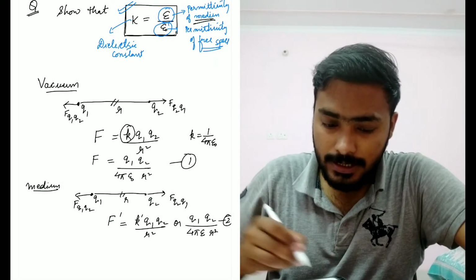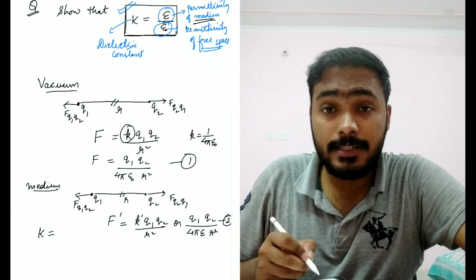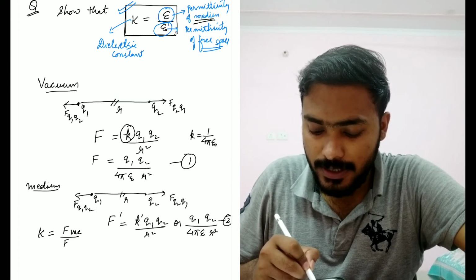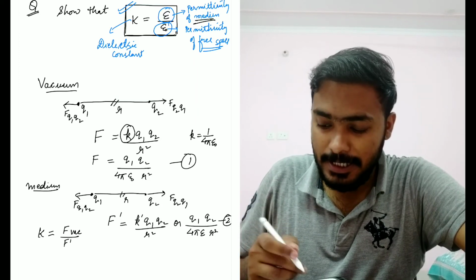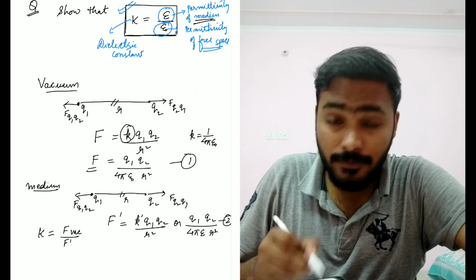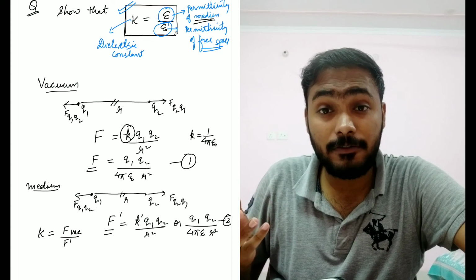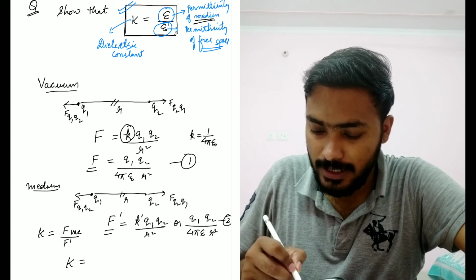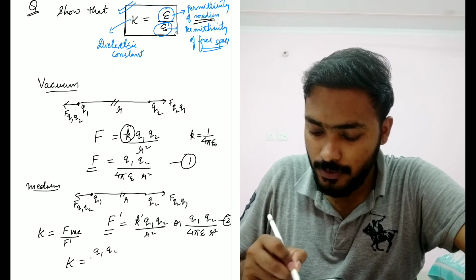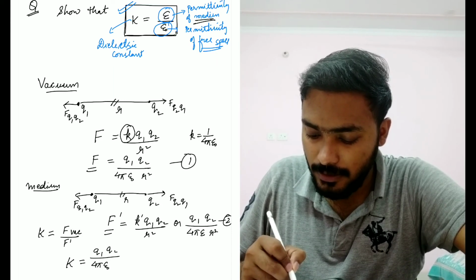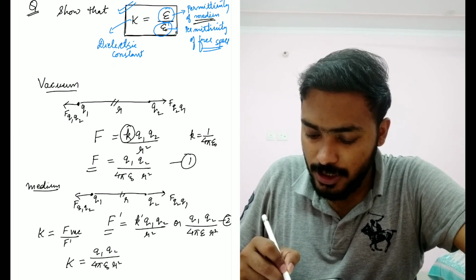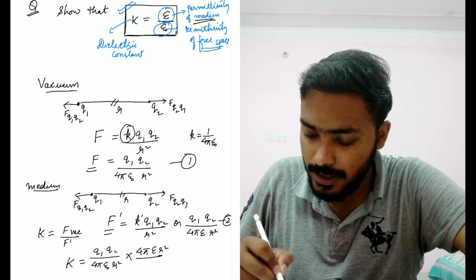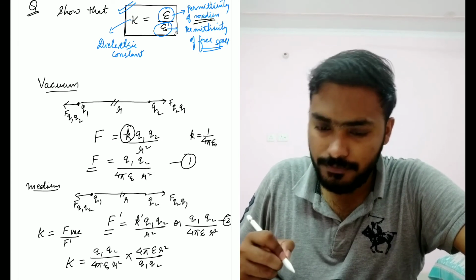And we all know that K is defined as the force in vacuum divided by the force in any medium, right? So all you have to do is take the force in vacuum and the force in any kind of medium, and just divide these two. When you divide it, you will get q1 q2 upon 4 pi epsilon naught times r square, multiplied by 4 pi epsilon r square divided by q1 q2, right?